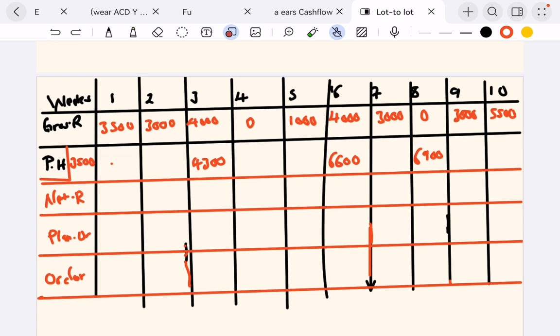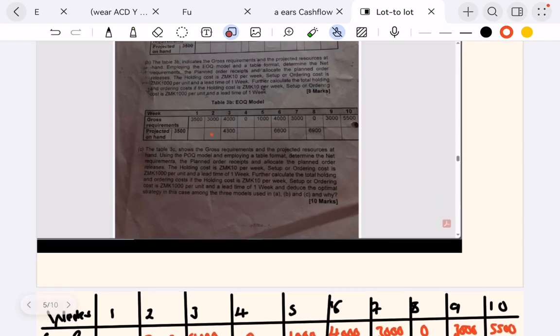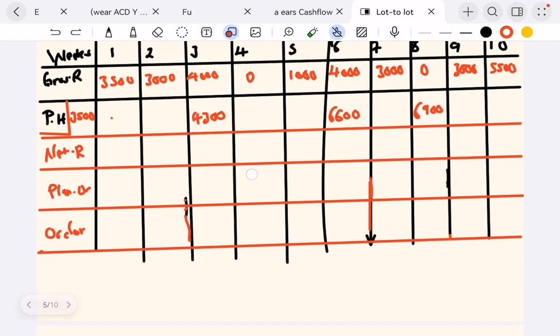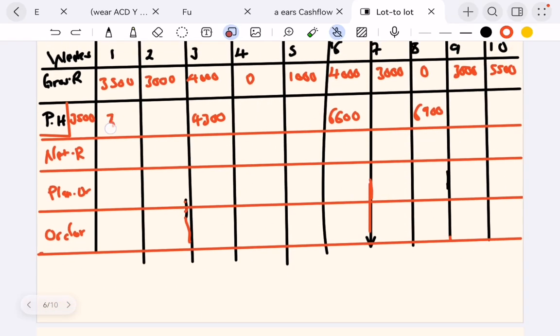So the projected comes in week 1. When we push that here, we'll have 3,500. Here we'll have 0. Here it will remain like that. There will be 0, 0, 0, 0.